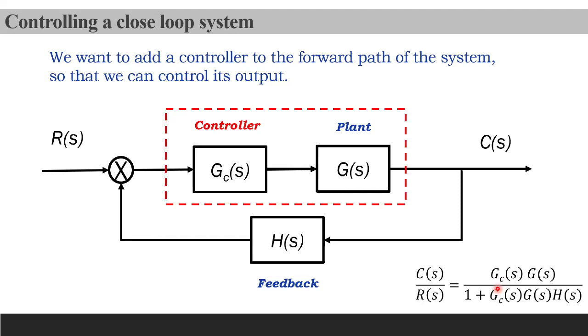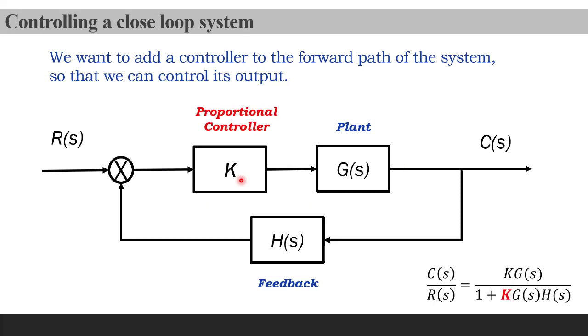So we can say the value of Gc and the function which characterizes this controller would effectively decide or characterize the stability of the system, because the number of poles is given by this Gc.